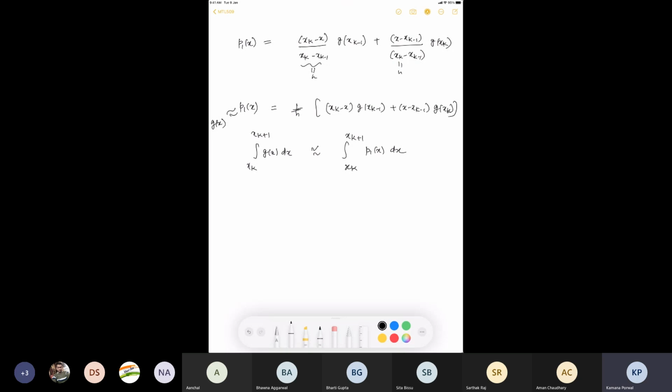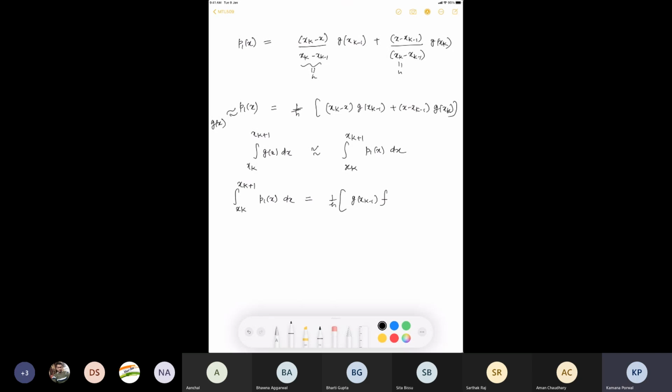So we can simplify this. What is the integral of p1(x) over the interval xk to xk+1? This is going to be 1 by h, integral xk to xk+1. g is g at xk-1, so this is a constant, so I can keep it out of the integral.